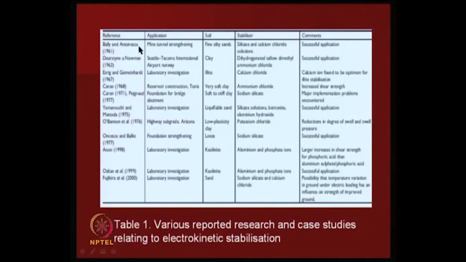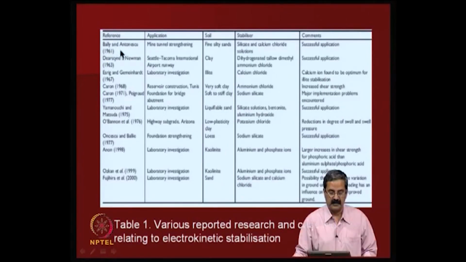So this is a typical example. A lot of research has been done, and a number of papers have been published along these lines. For example, Bailey and Atenscu in 1961. This is a paper where the application was mine tunnel strengthening.